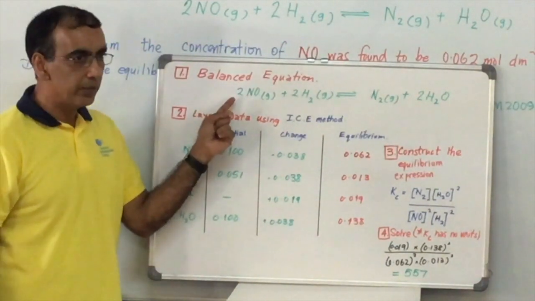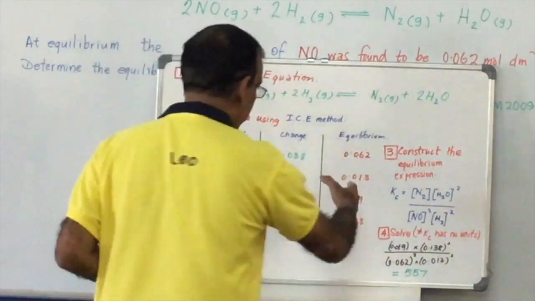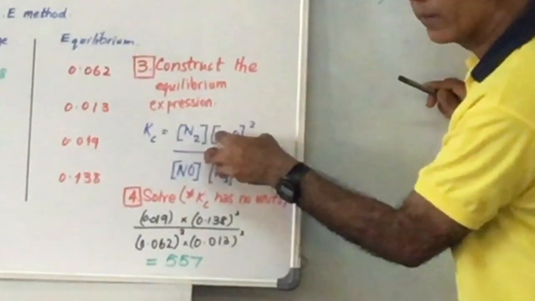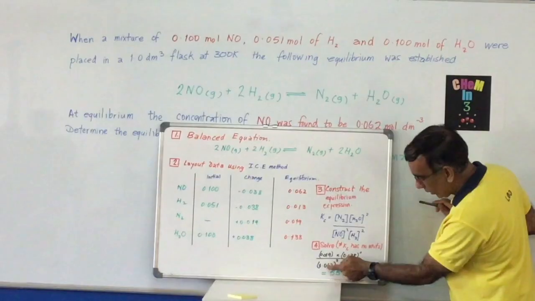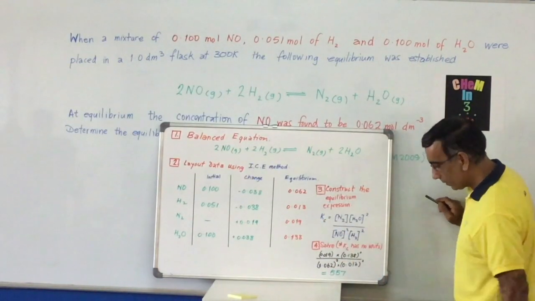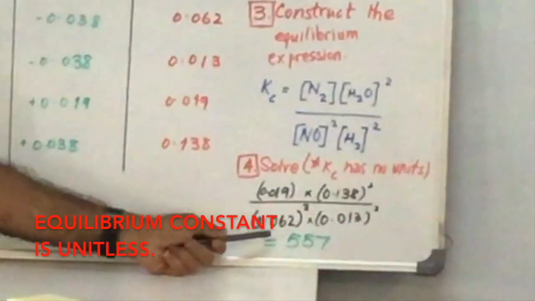It's because of this value in front of here, the coefficient. And all of these actual concentrations in moles per dm³ are the values that will get plugged in here. So 0.062 will end up going down here in the denominator, and 0.019 will end up here in the numerator. And then you solve. You end up with an answer of 557.